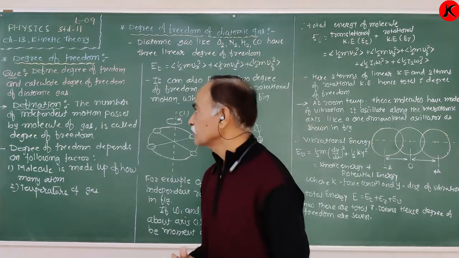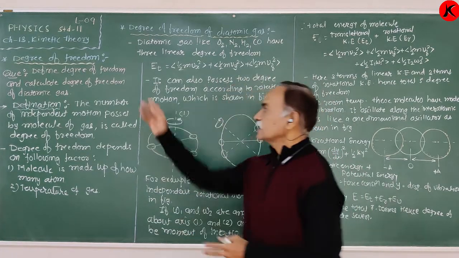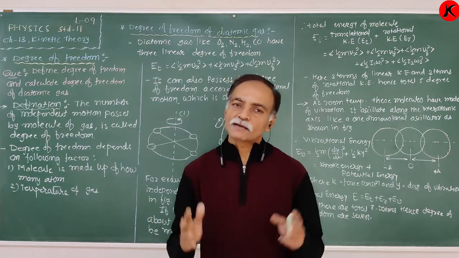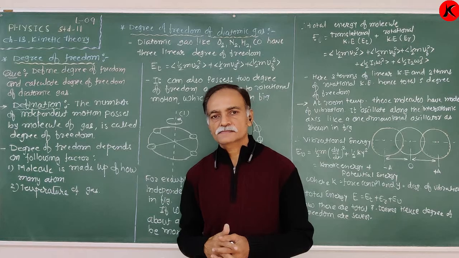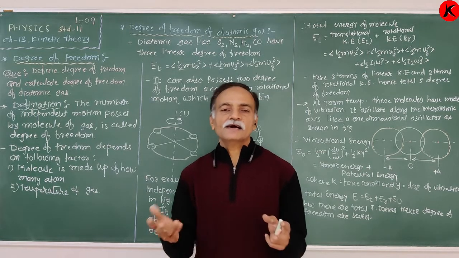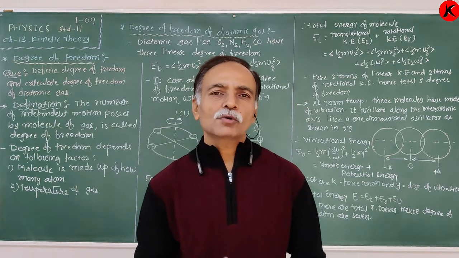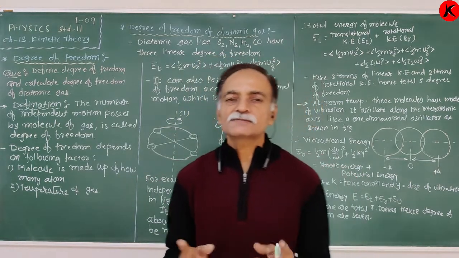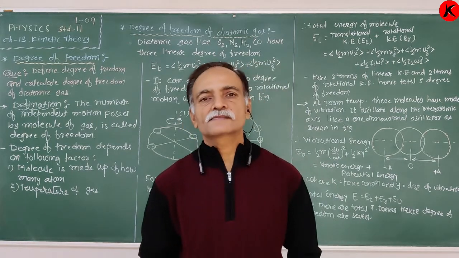For that purpose, first the definition of the degree of freedom. The number of independent motions possessed by the molecule of a gas is known as the degree of freedom. If the gas is made up of single atoms, that means all the molecules are separate. At that time, this molecule only possesses a single kind of motion, that is the linear motion.